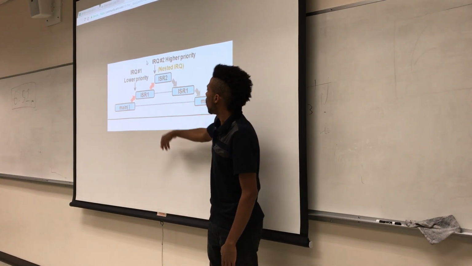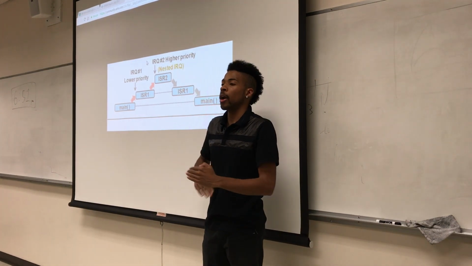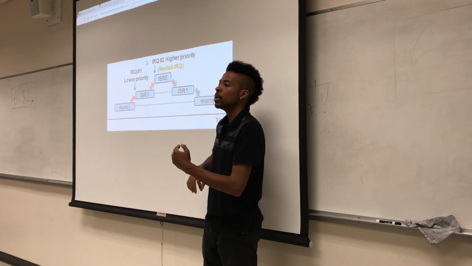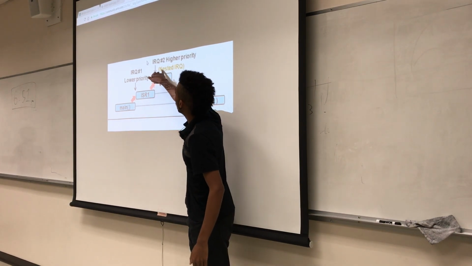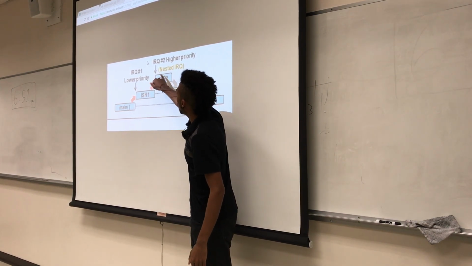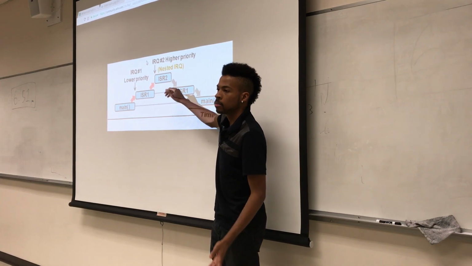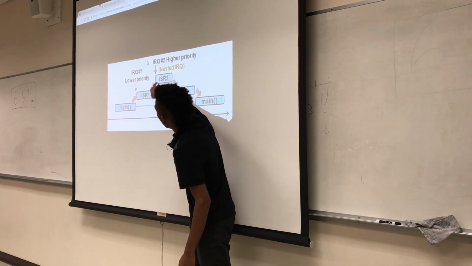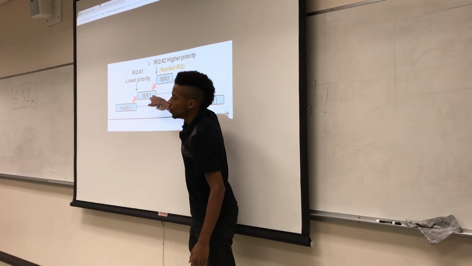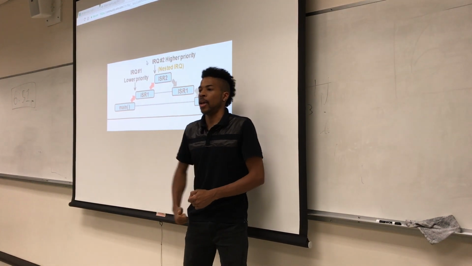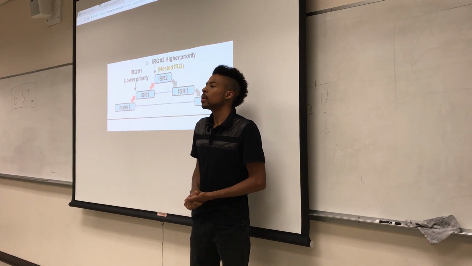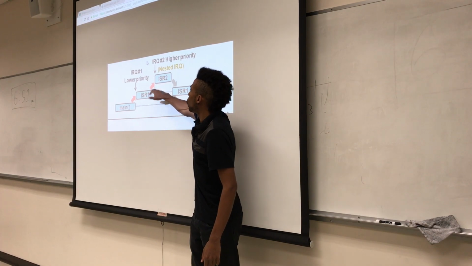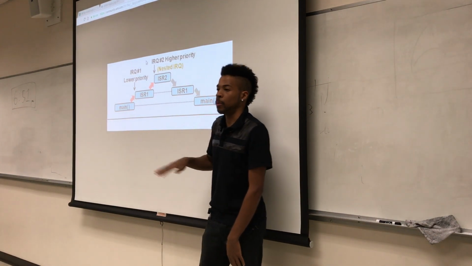If you have an ISR of a lower priority, typically the information is stored so that when the higher priority ISR is finished, it can then move back and run the ISR that was there before. Let's assume that ISR 2 got run first, and then in the middle of its running, ISR 1 occurred, like there was an interrupt flag that came up for that one. ISR 2 would continue to run, and then once it finishes, the lower priority ones will be serviced.